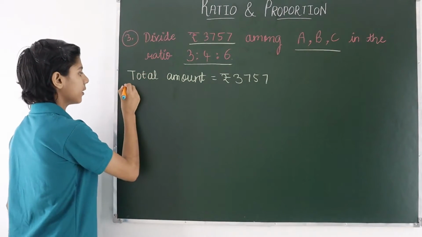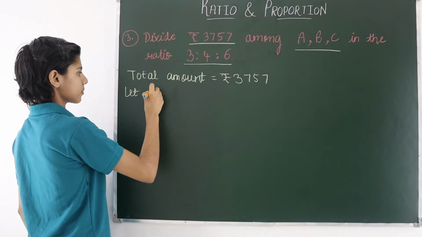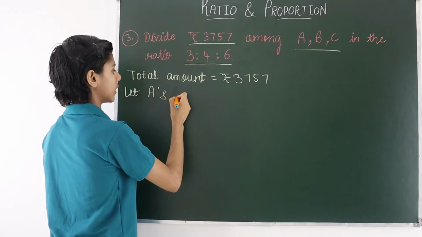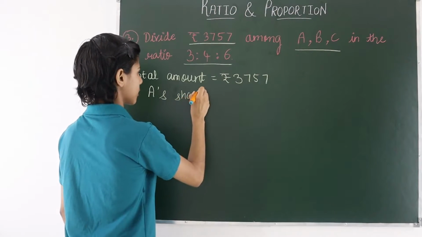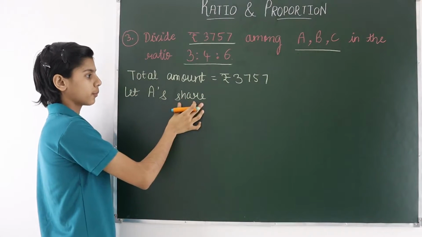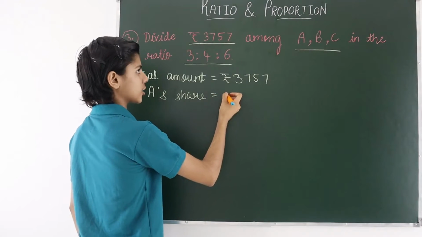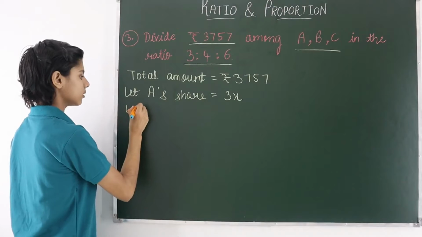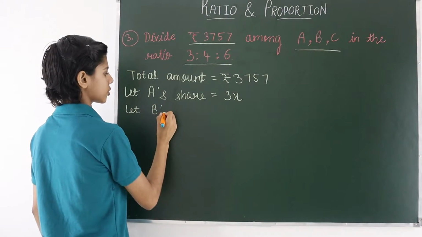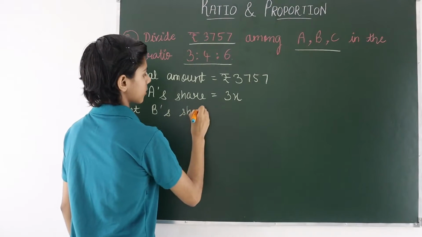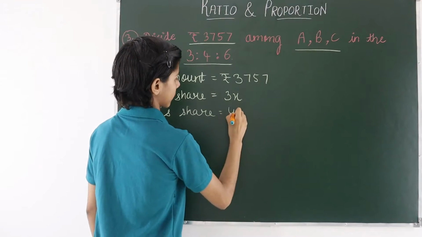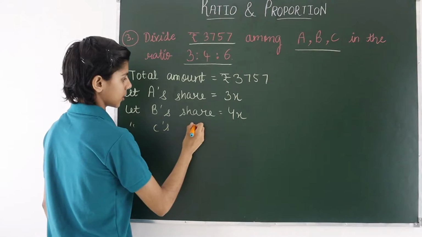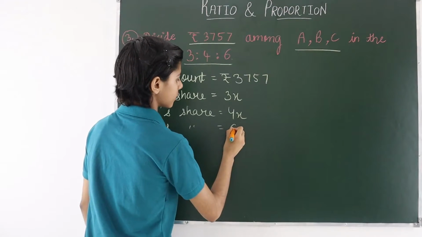So we will write here, because we are not having the value, let A's share, share means the amount of money, be 3x. Now let B's share be 4x. Now let C's share be 6x.